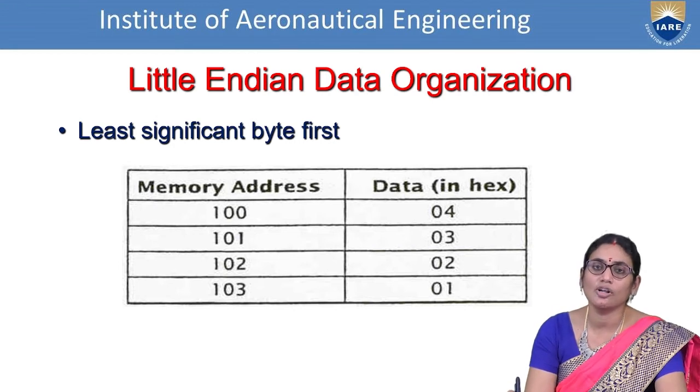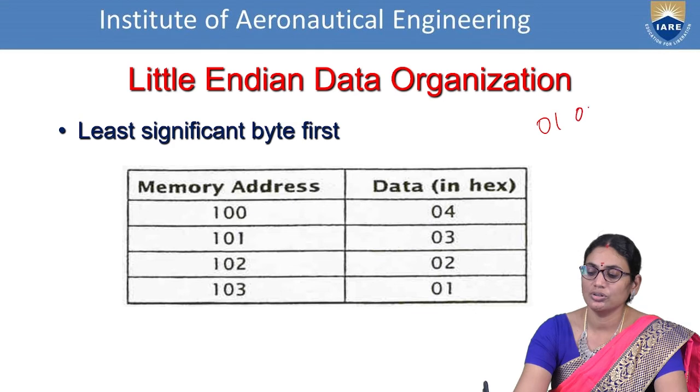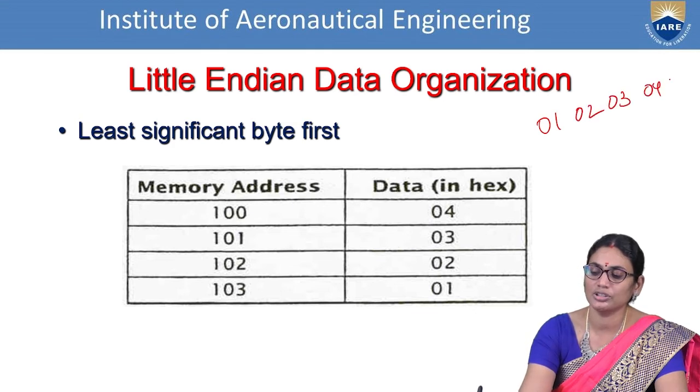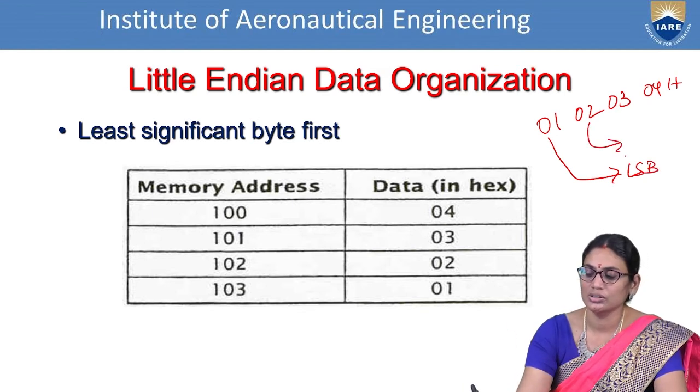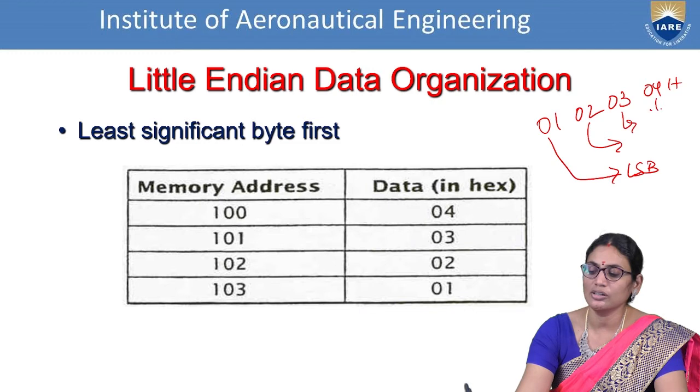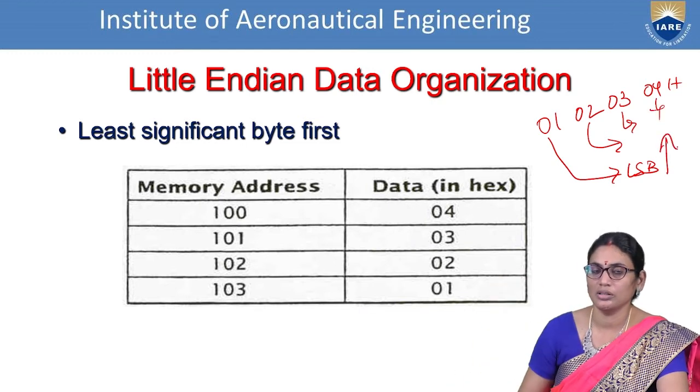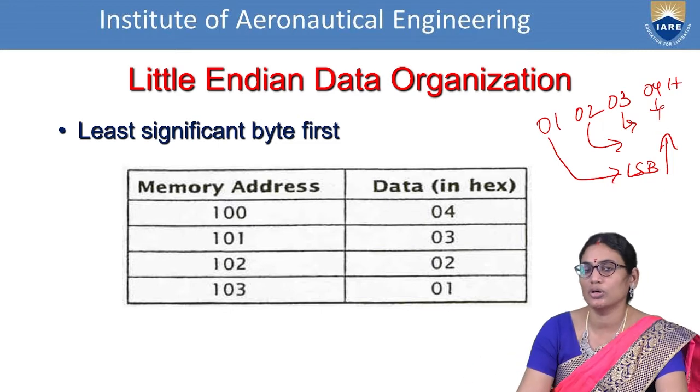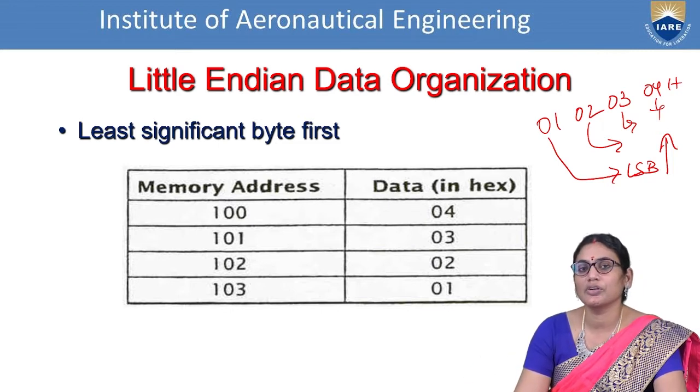Little endian data organization means whatever data you are storing, that is 01, 02, 03, 04H, the first byte will be in the last location. The next will be in the location before last, and then the third location and the first location. That means a bottom-up approach is followed, from the down arrow to the top, for the least significant information.